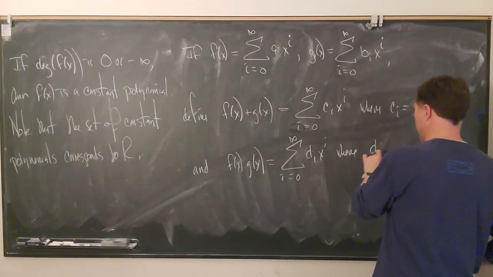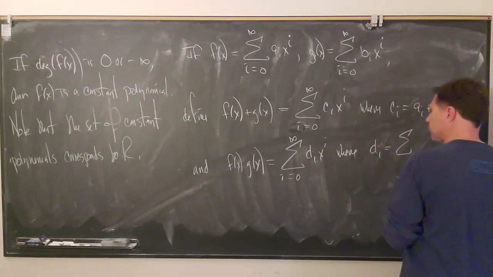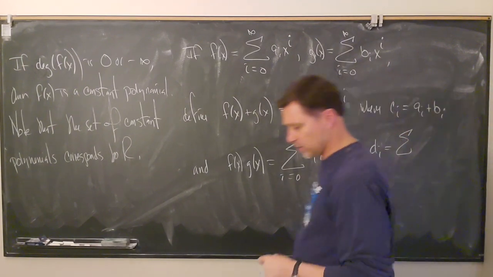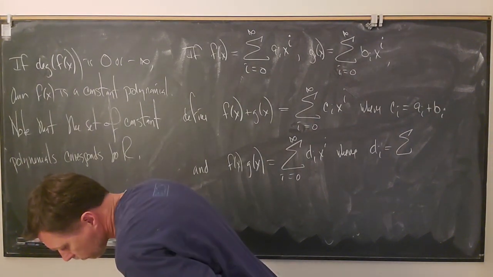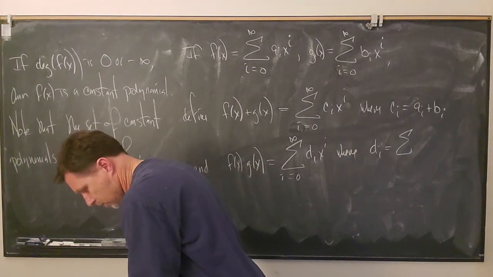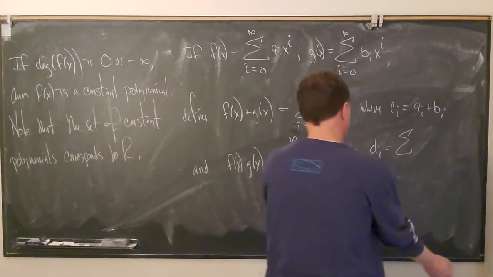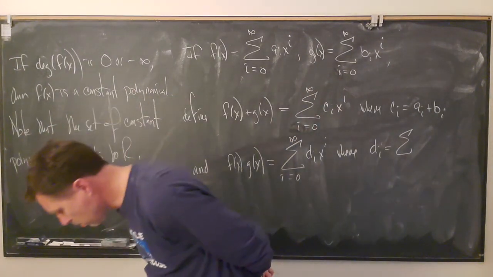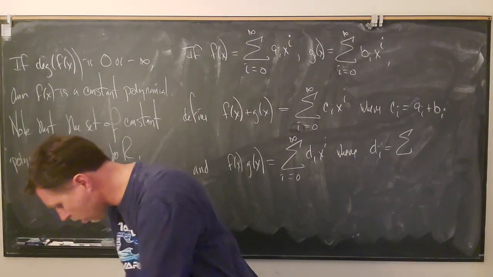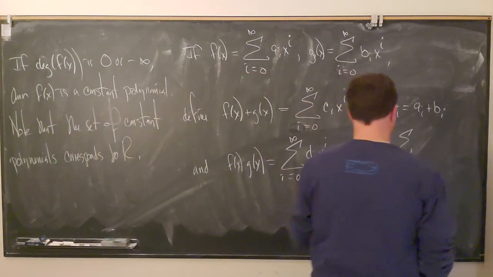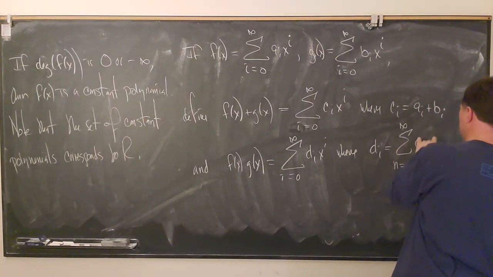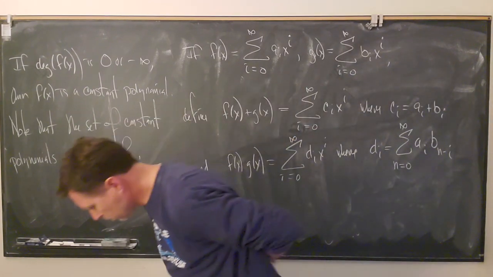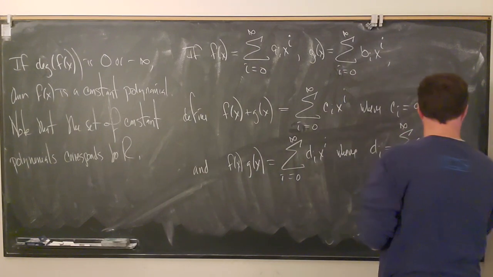So where d sub i is equal to the sum, n equals 0 to infinity, a sub i times b sub i minus n. Let's make sure I got that right. Oh yeah, it's b sub n minus i. There we go.